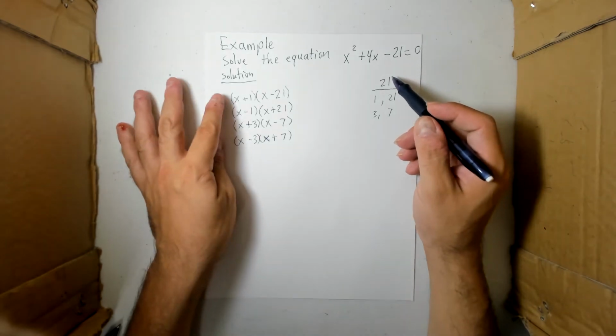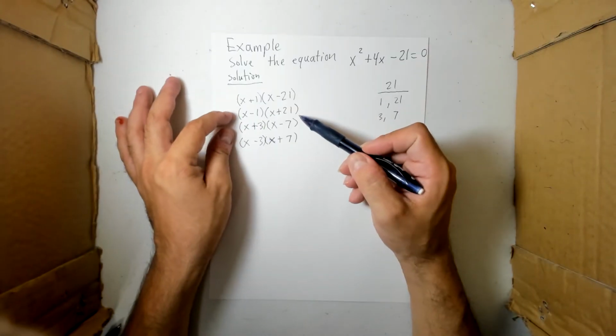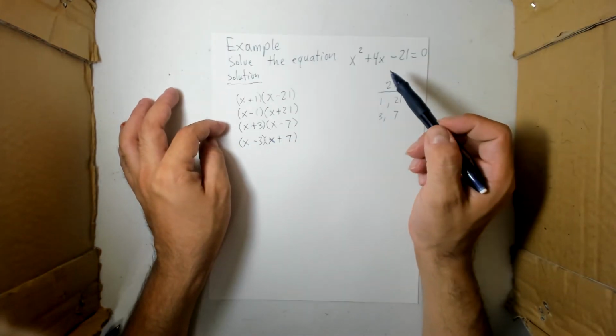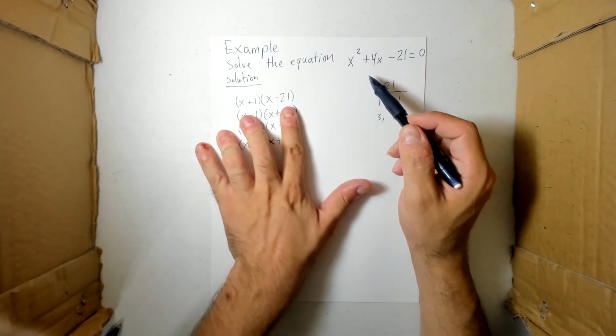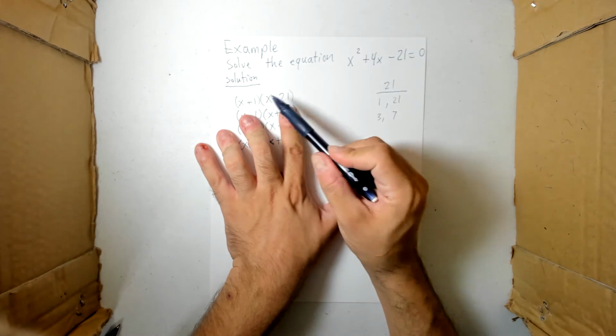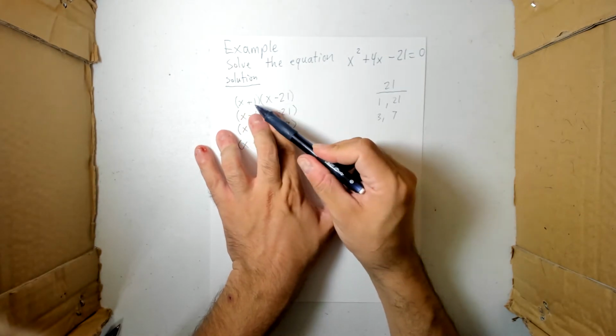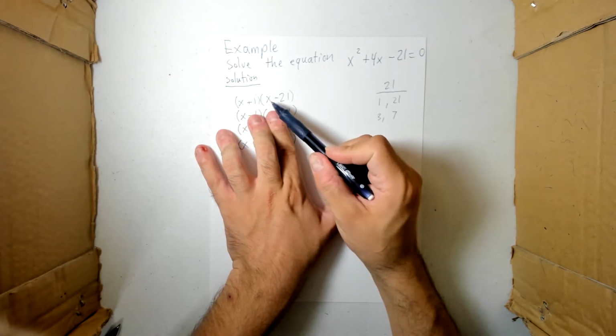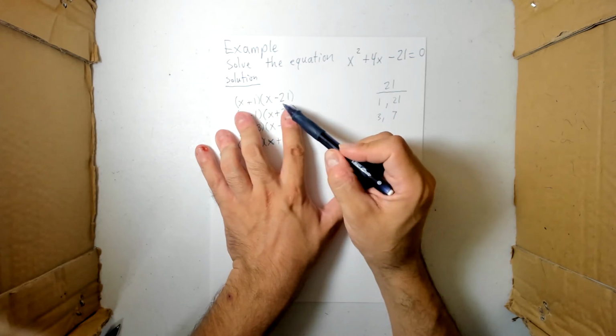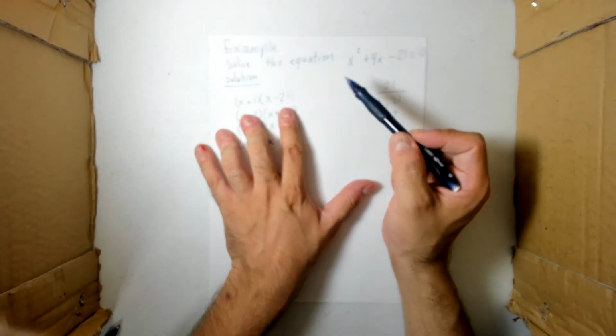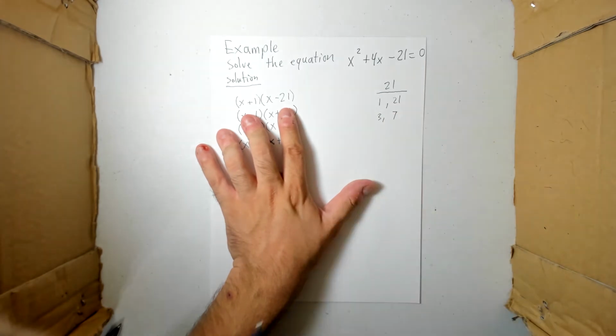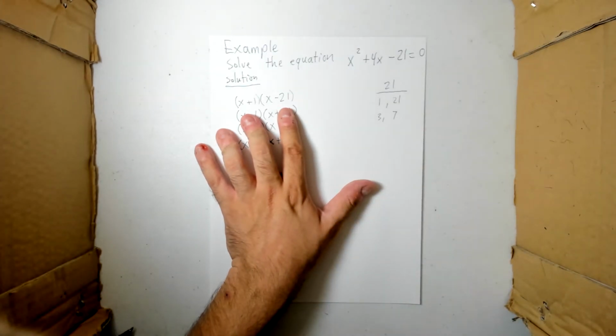So now I'm going to systematically check each one of these for the middle term. Here, if I multiply the x with the negative 21, I get negative 21x, and then I get the 1 times x, so that'll be plus 1x. So negative 21x plus 1x is negative 20x. We can see right away that this does not add up to 4.